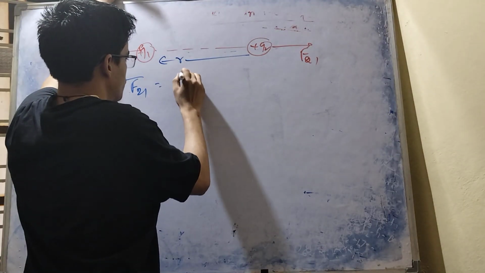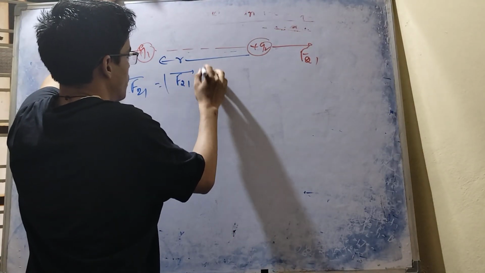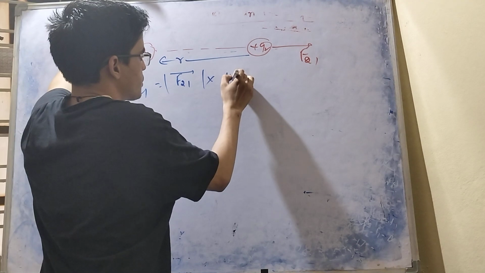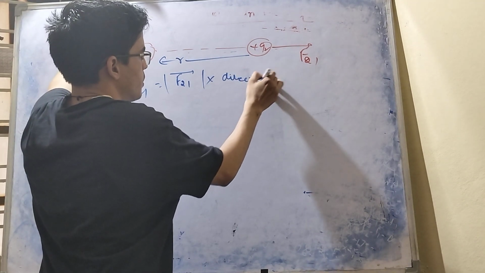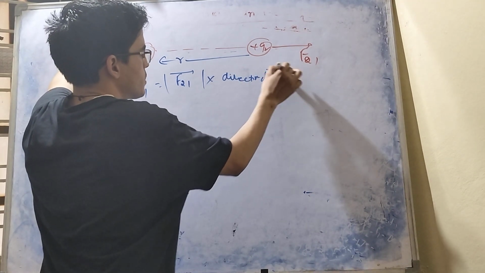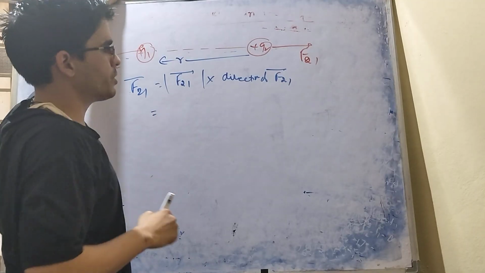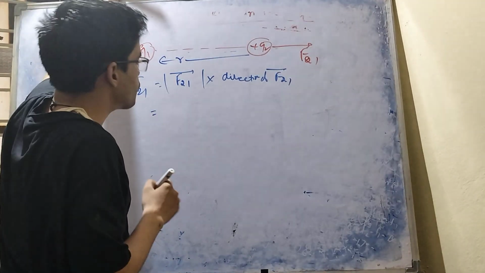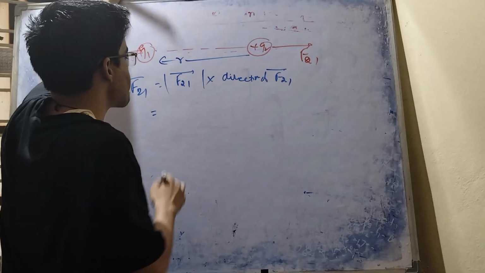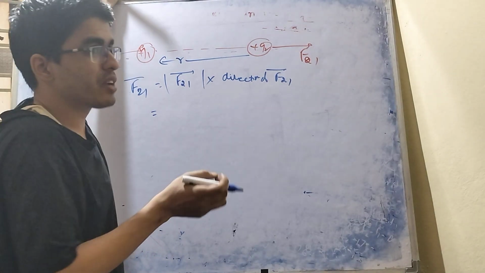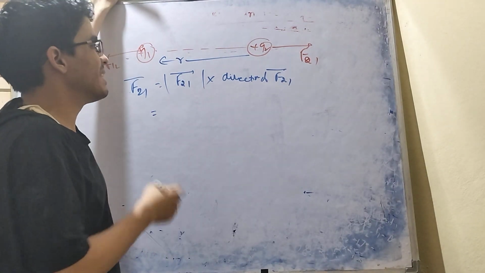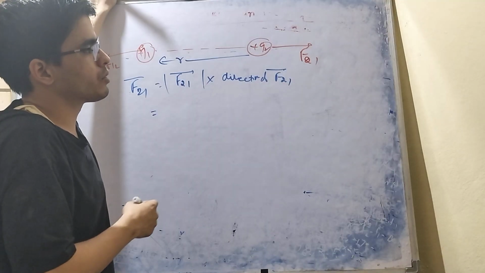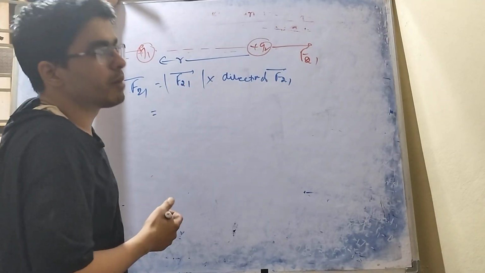So F21 is the magnitude value into the direction of F21. Correct? What is F21? I told you that in the case of gravitational force or electrostatic force, both have the same magnitude.